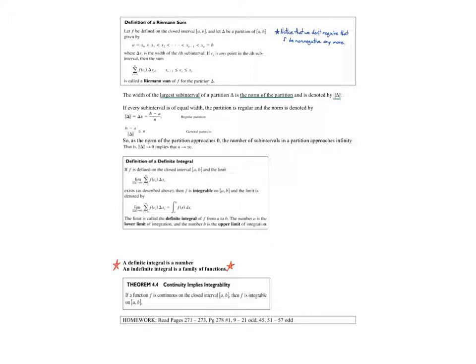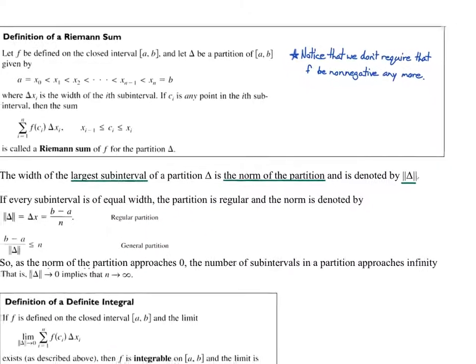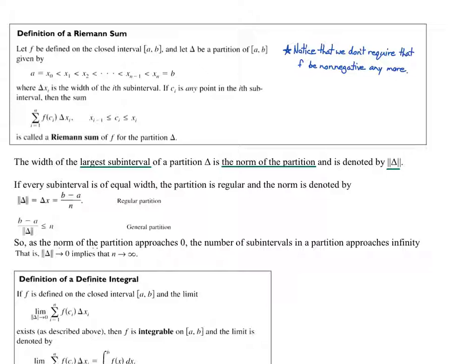Alright, so here's the definition of a Riemann sum, and this will kind of help us clarify a few things and put it all together. It says, let f be defined on the closed interval from a to b, and let delta be a partition of the interval a, b given by a is x sub 0, which is less than x sub 1, which is less than x sub 2, all the way up to x sub n, which is your b.